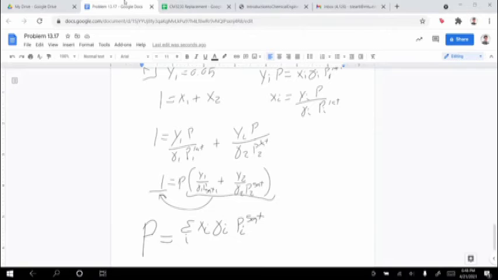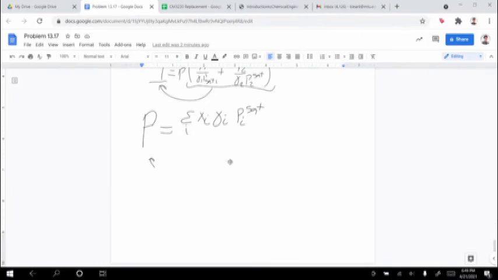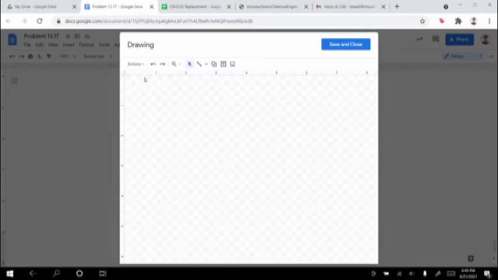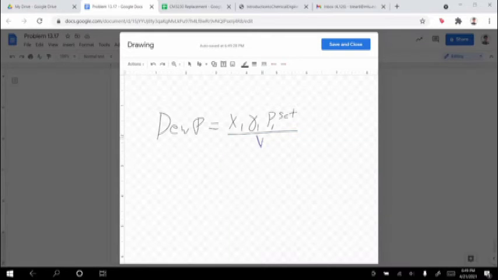So if we plug this into Raoult's law, we can find the dew pressure. So the dew pressure is going to be equal to x1 activity coefficient p1 sat, and this will be divided by our y1.